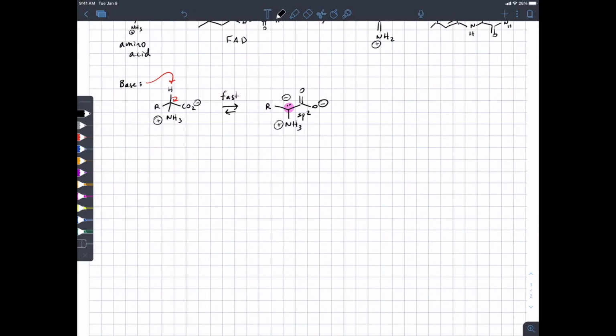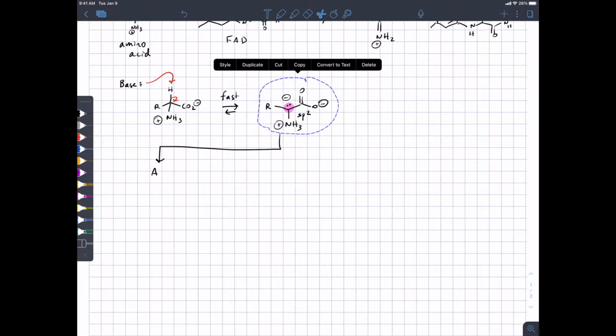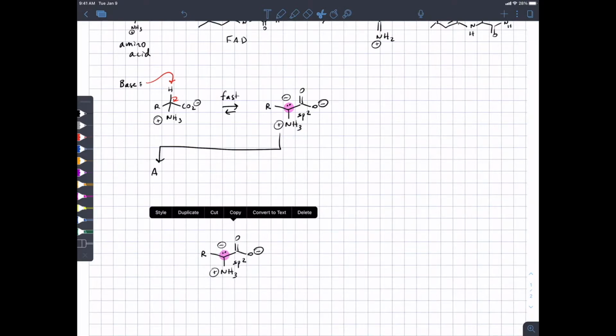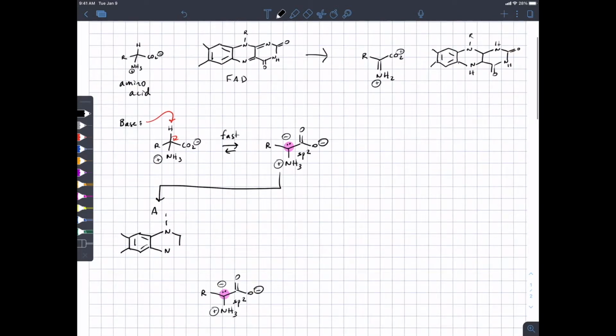So option A is for this amino acid to attack FAD+ in basically a conjugate addition kind of format. So I'm sorry that we're drawing this horrible thing multiple times. It's good for you. Just like eating your peas.